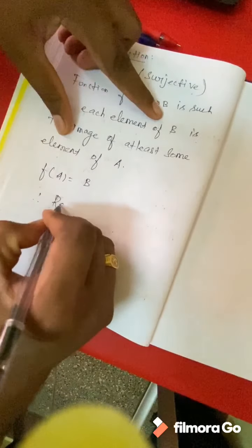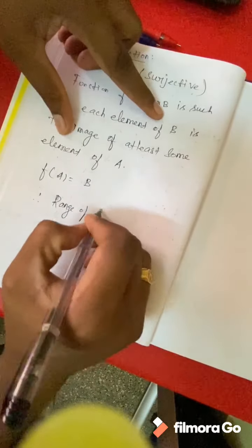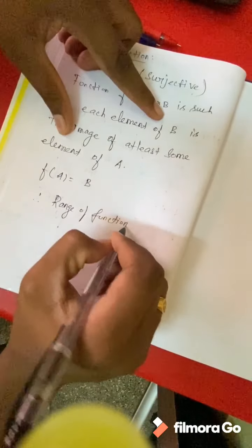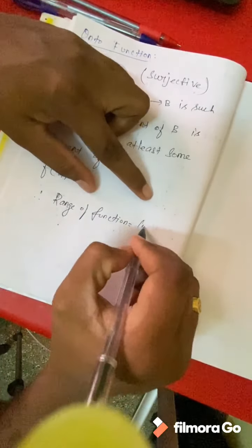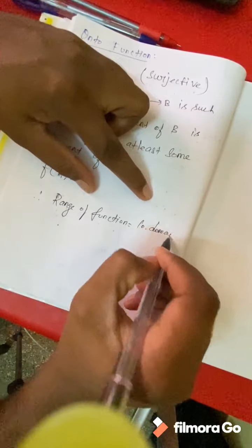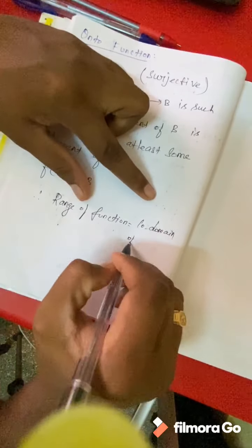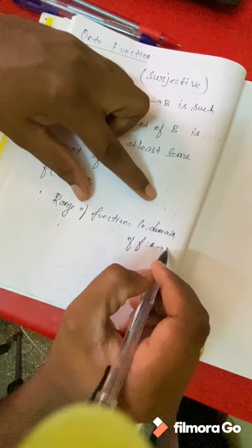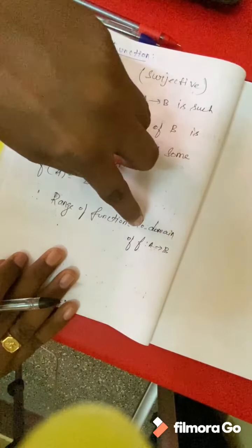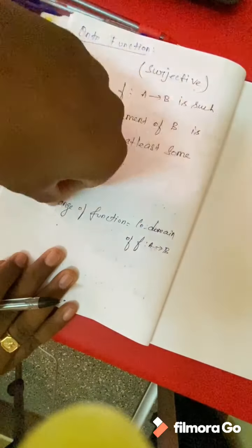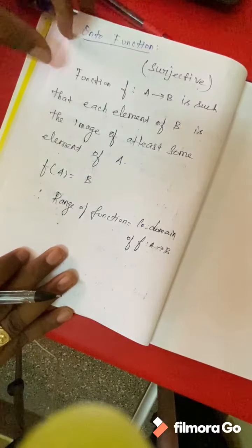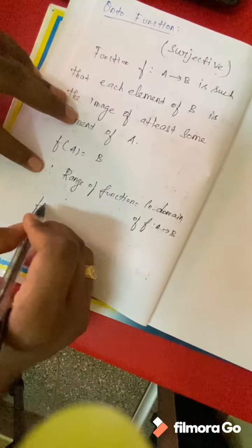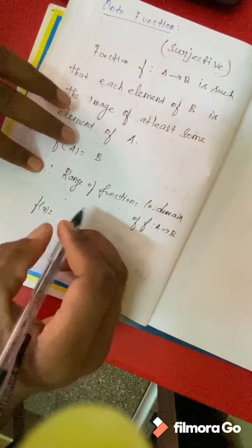Therefore, the range of that function will be equal to the codomain. Since all the elements of codomain are mapped, that means they will act as what? Range. Okay.